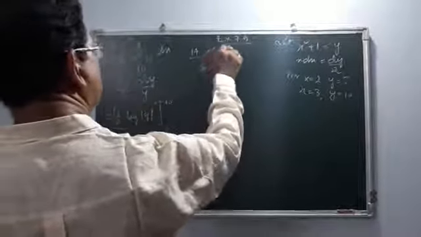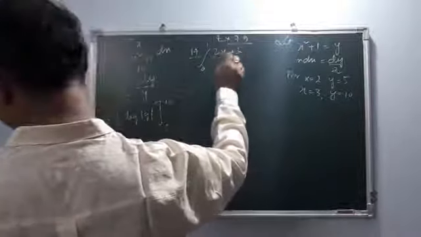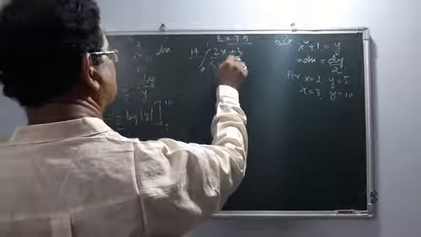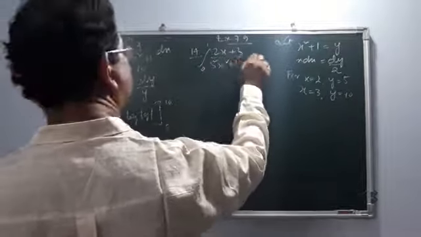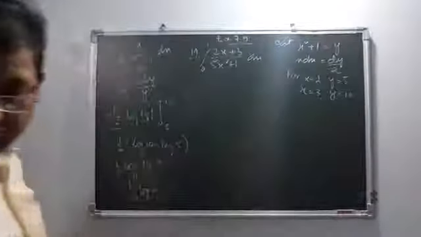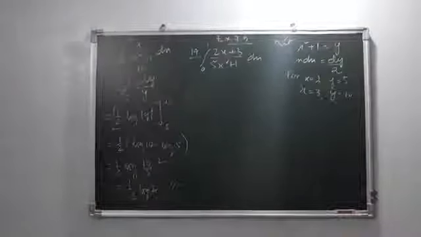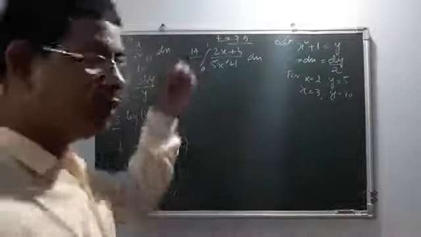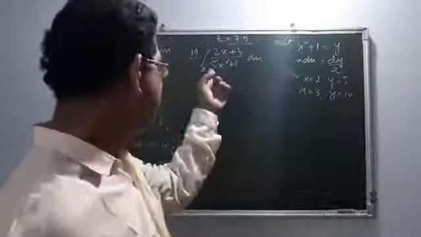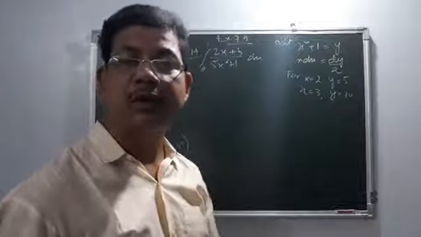Now we will do question number 14: the integral from 0 to 1 of 2x plus 3 over 5x square plus 1 dx. When we get this type of thing, we apply our mind. If we differentiate the denominator, it will be 10x.